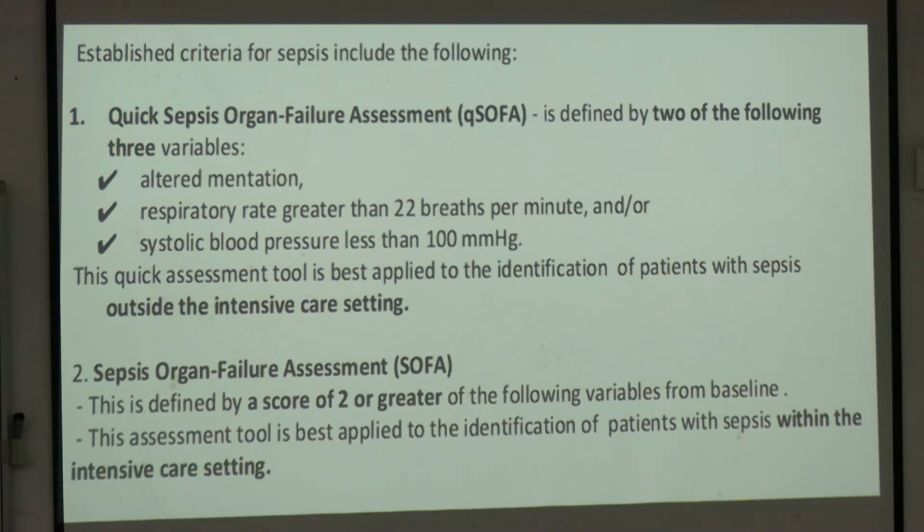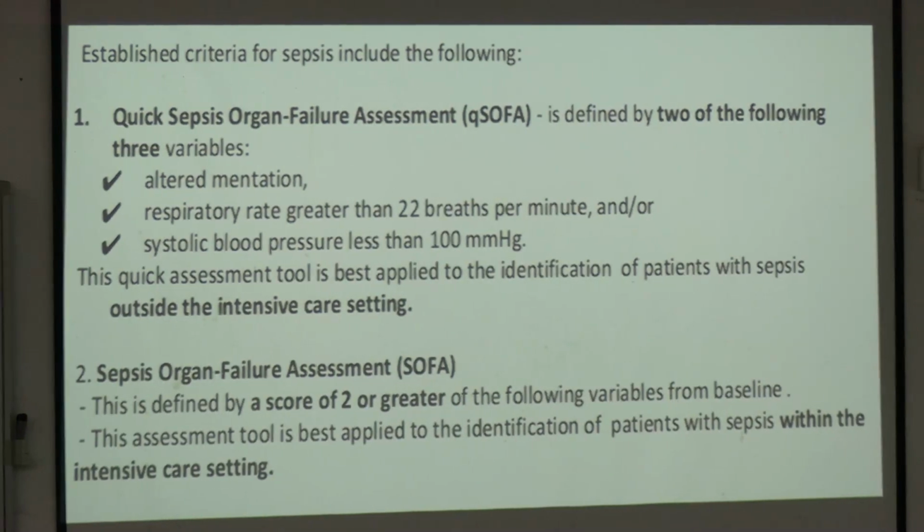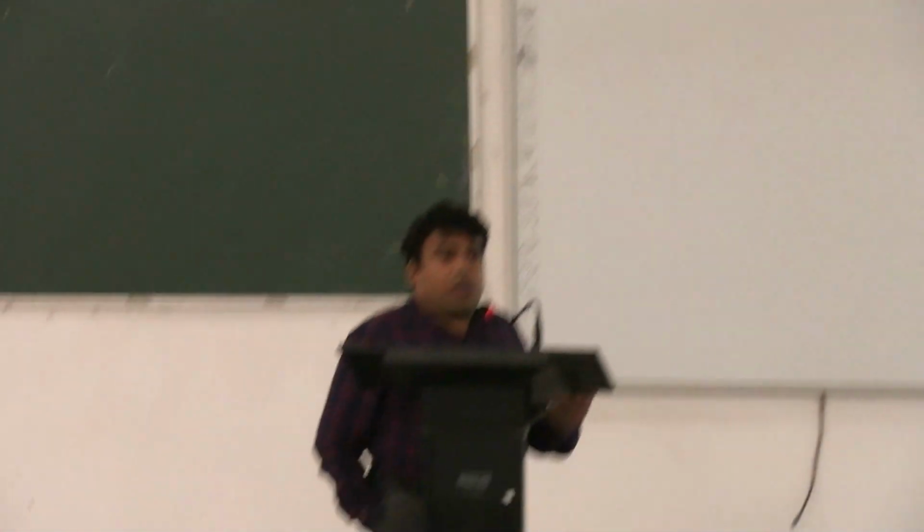And the systolic blood pressure: any systolic blood pressure less than 100 mmHg will indicate possibly the patient is in sepsis. So what to do? Immediately admit the patient in intensive care setting, resuscitate the patient, put on agents like antimicrobial agents empirically, and investigate extensively to find out the cause of the sepsis. Next.